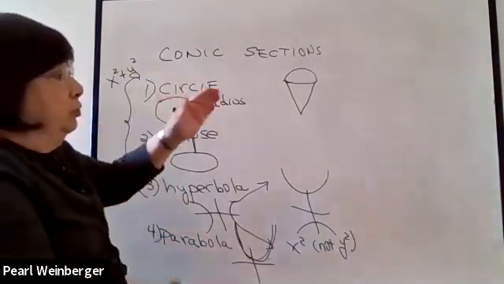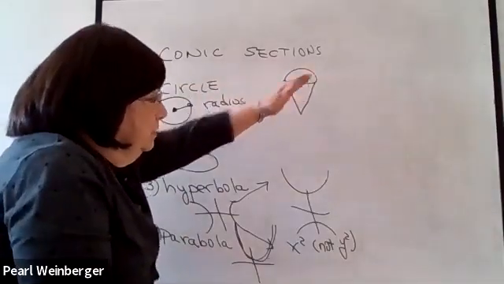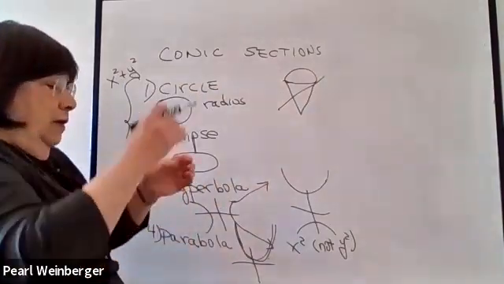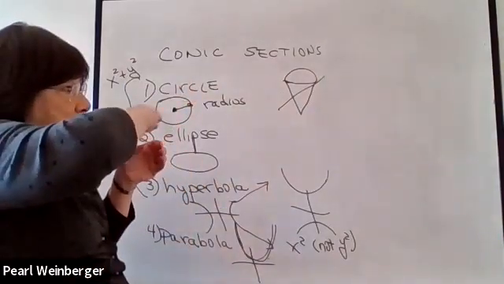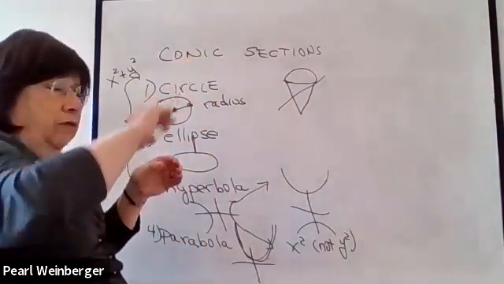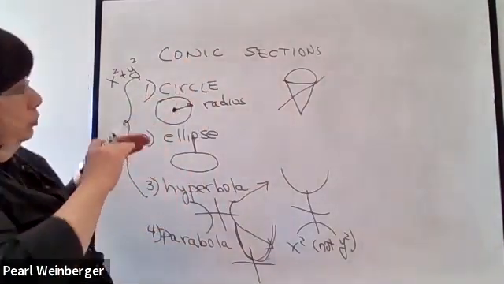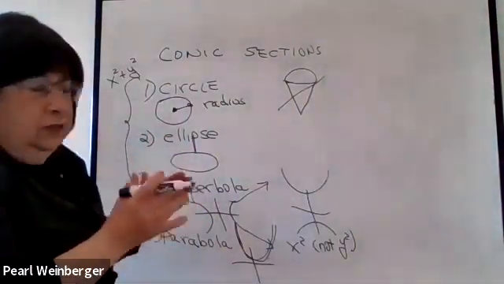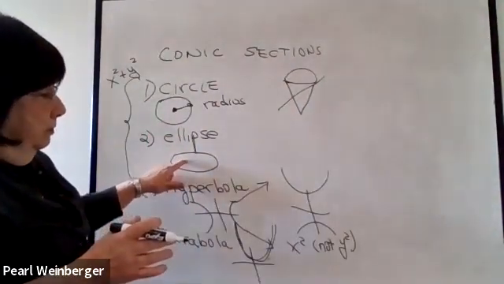Now, what if I took my cone and I sliced it like this? Notice it wouldn't be a perfect circle anymore. What you would have is a sort of squeezed in circle, or an ellipse.